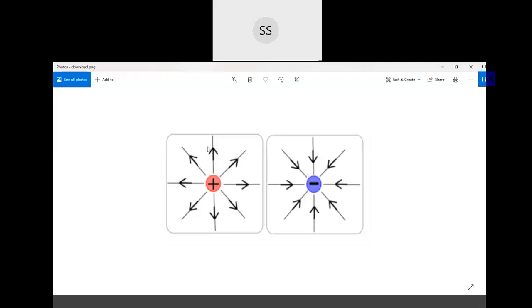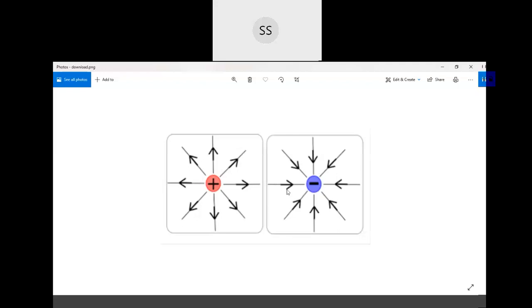That work done is called electrical potential. So electrical potential means the amount of work done in bringing a unit positive charge from infinity to a point in an electric field.